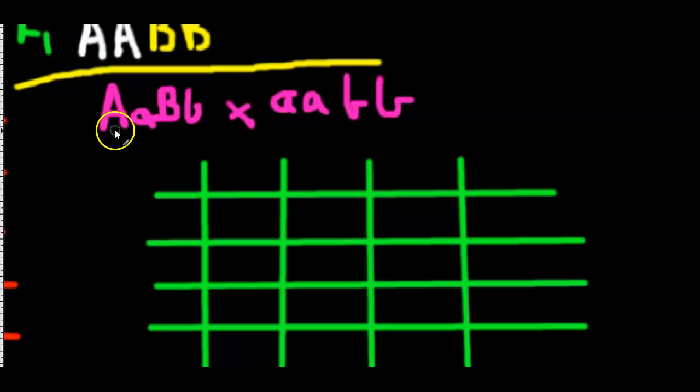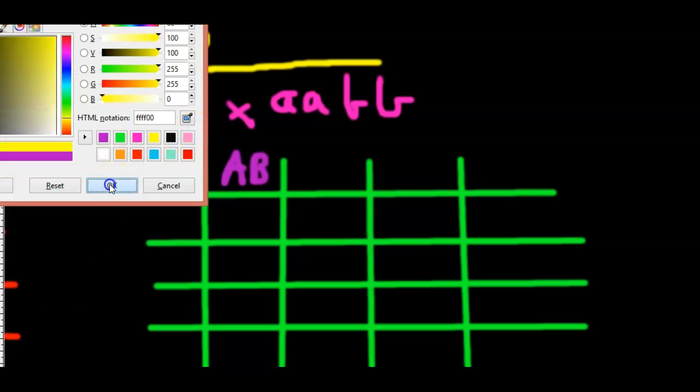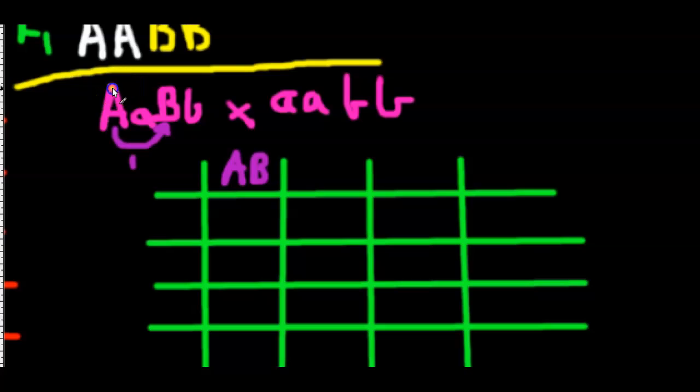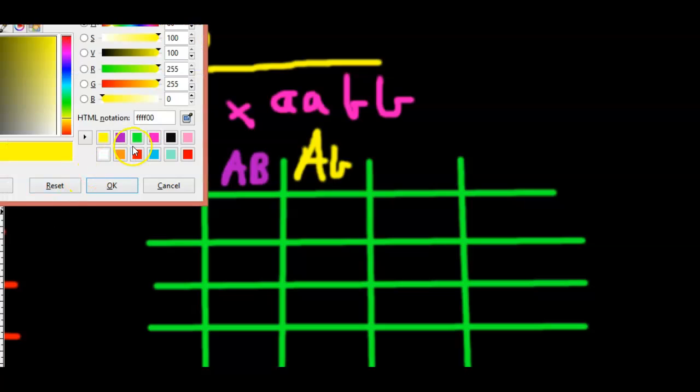So, FOIL method. That first one with that first one. So big A, big B. That first one. So FOIL, firsts, outers, and what's next?